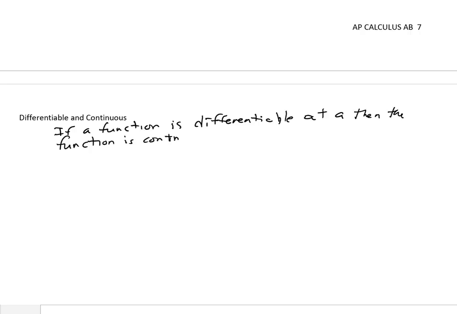Now the converse of that is not true. In other words, just because a function is continuous doesn't mean that it's differentiable. But if a function is differentiable, it's automatically continuous at that point. Okay?